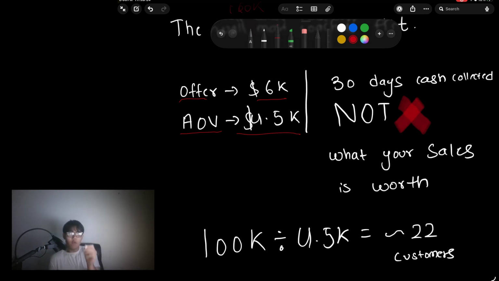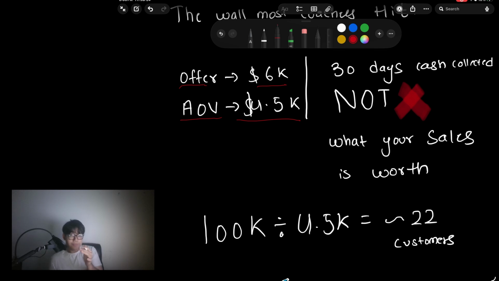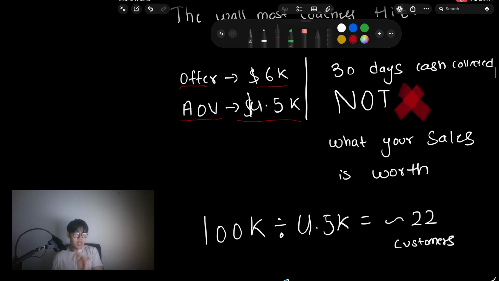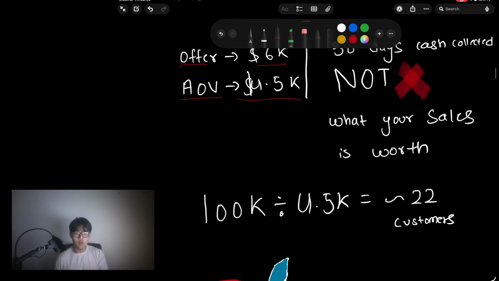So why do you say 4.5K instead of 6K? Before I actually start calculating any number, I want you to understand what your true AOV is before we even do any maths or find your actual budget. Because AOV is not what your sales is worth.